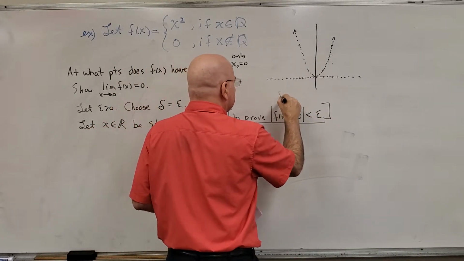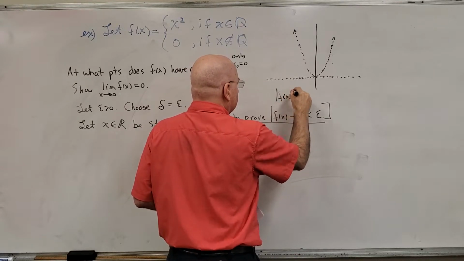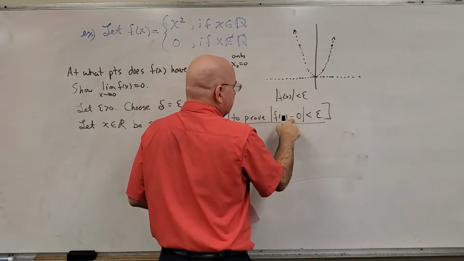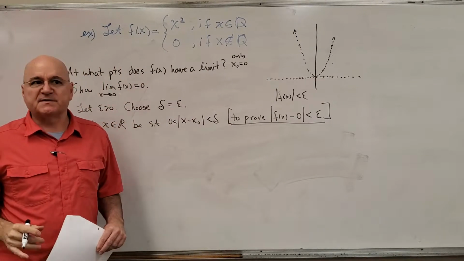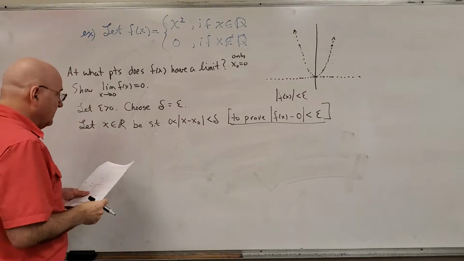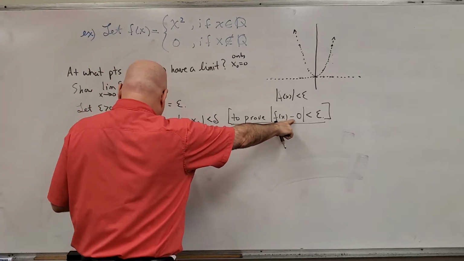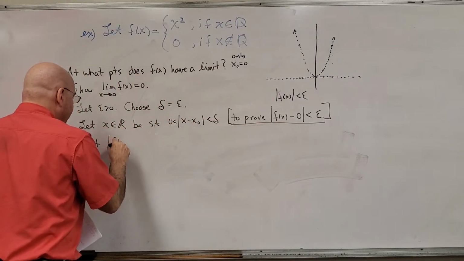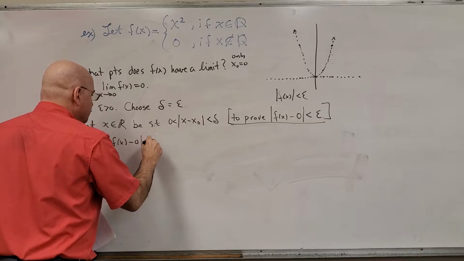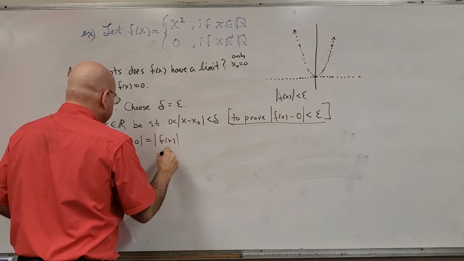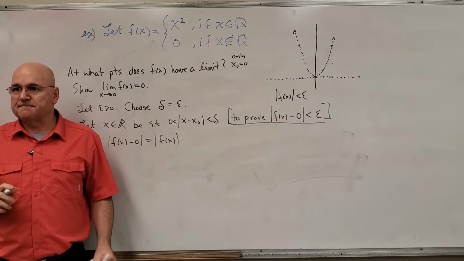So that's equivalent to this. I didn't need to put the minus 0, but since 0 is the limit, I went ahead and put that in. All right. Here's what I need to show. So f of x minus 0, which I'm going to just start off by saying is f of x in absolute values.